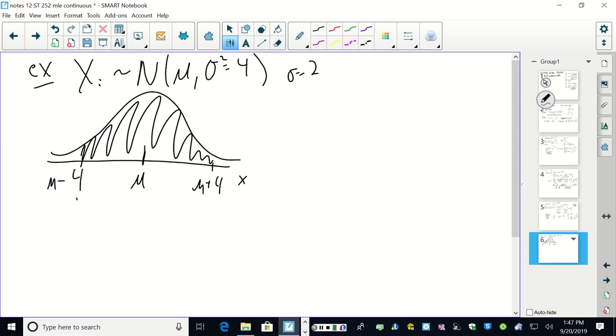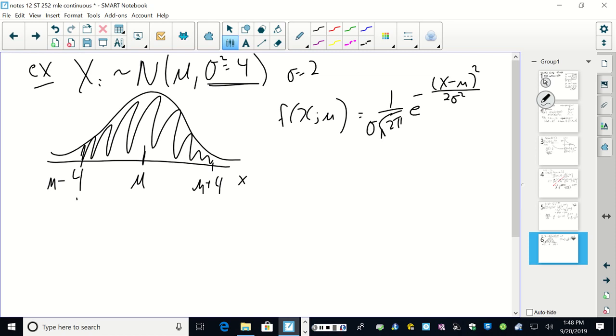But the question is, where's mu? So the normal density curve, f of x. Now normally there's 2 unknowns, but we're just going to deal with 1 unknown at this point. It has a certain form. In general, it's 1 over sigma square root of 2 pi, e to the negative x minus mu squared over 2 sigma squared.